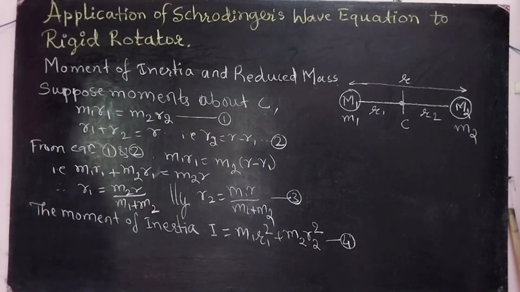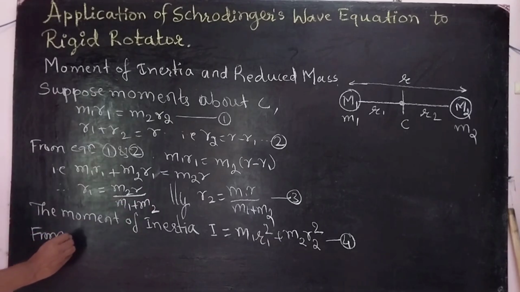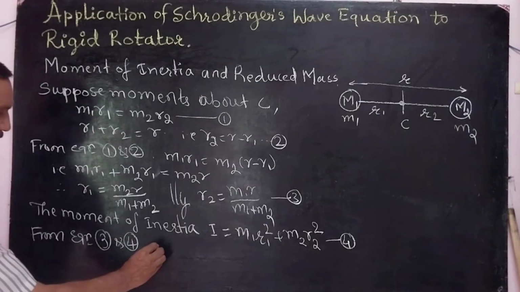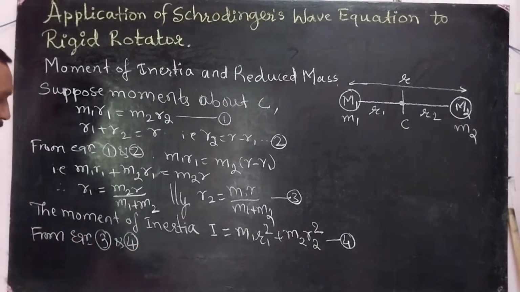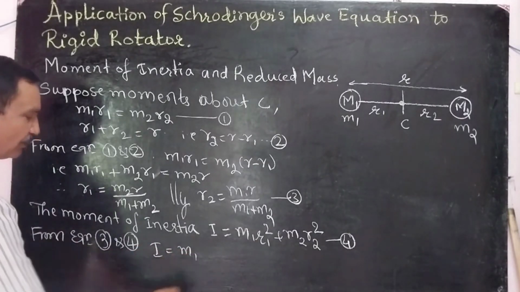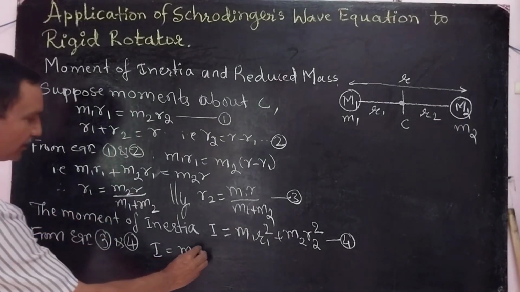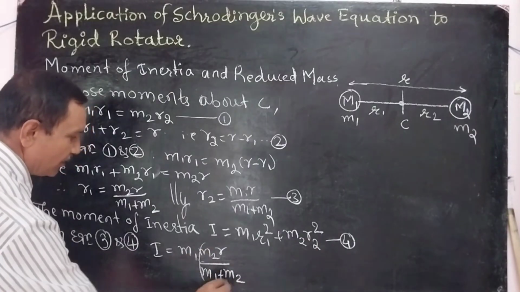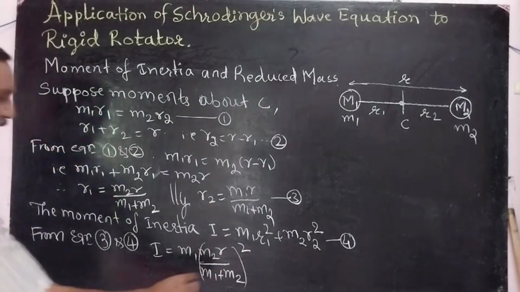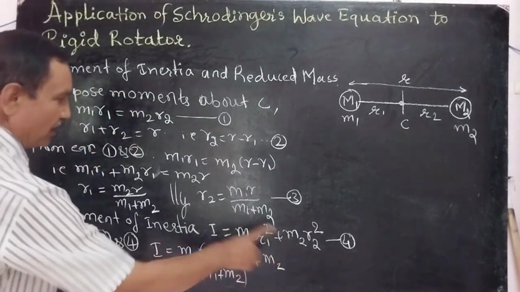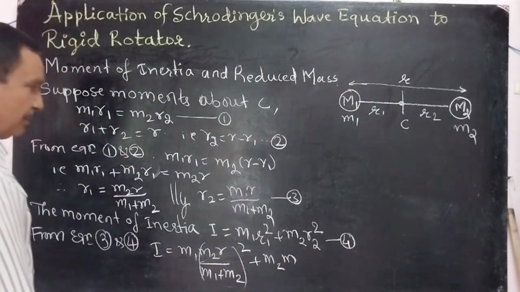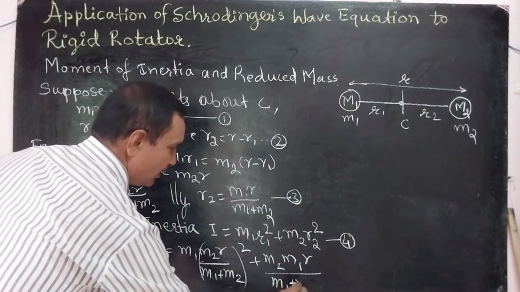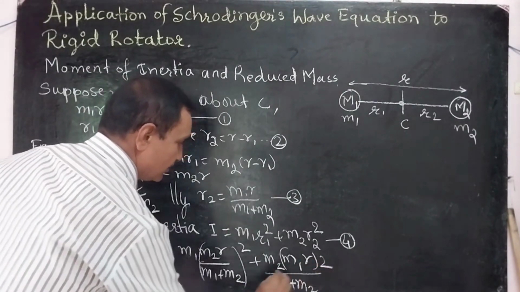From equations 3 and 4, we get I equals m1 times (m2 r divided by m1 plus m2) whole square, plus m2 times (m1 r divided by m1 plus m2) whole square.